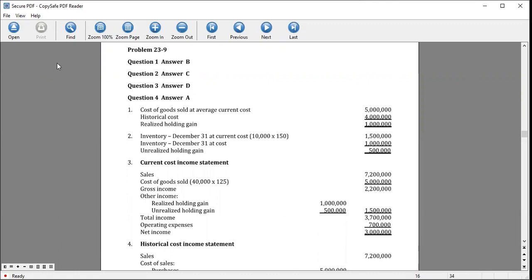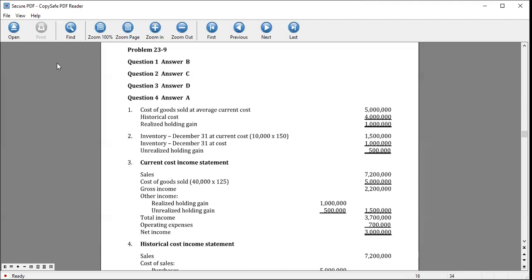So in question number 1, we have the answer as letter B, cost of goods sold at average current cost of 5 million. That's 55,000 or 50,000 units. That's the beginning inventory.